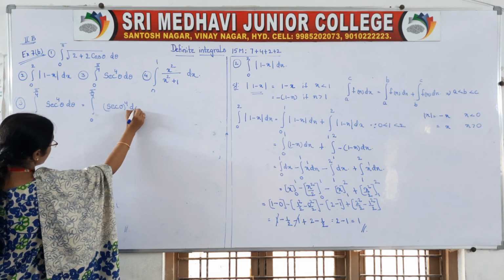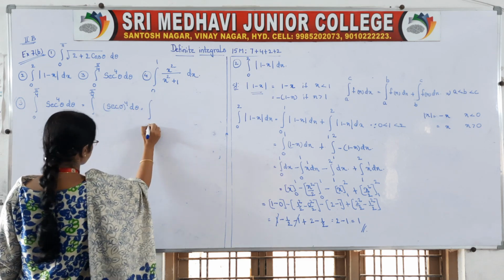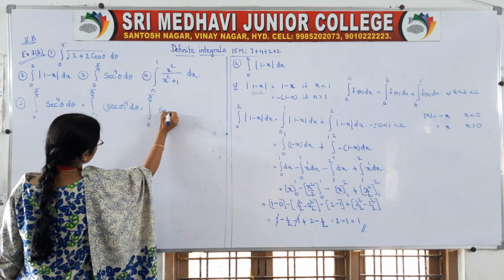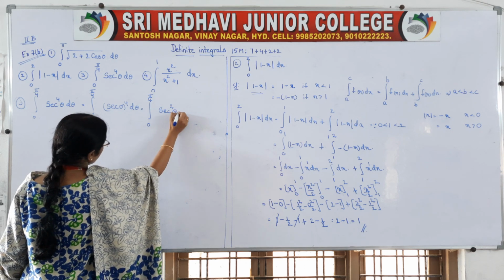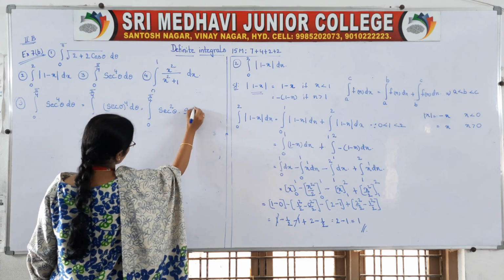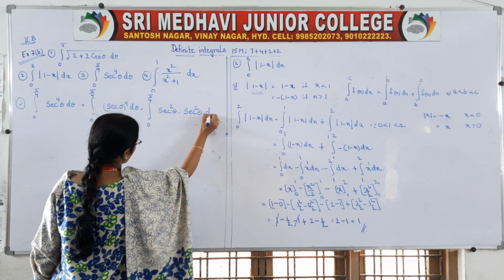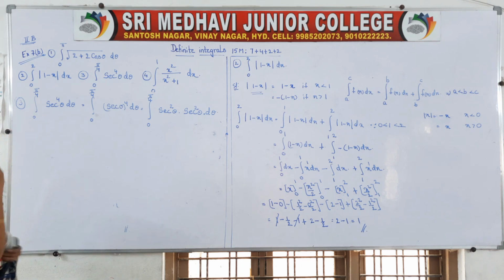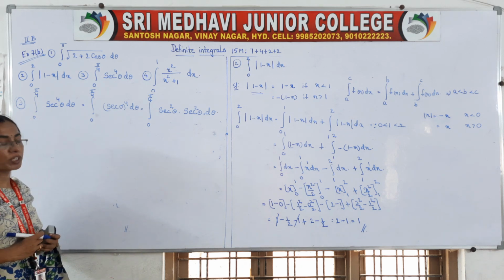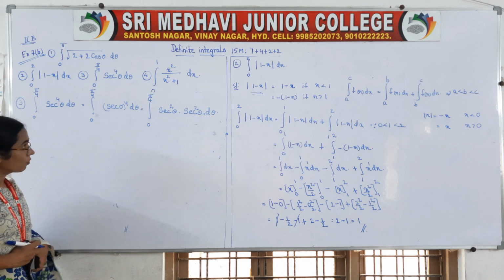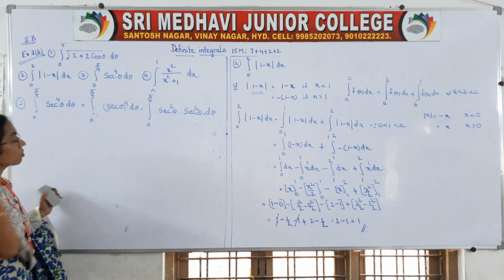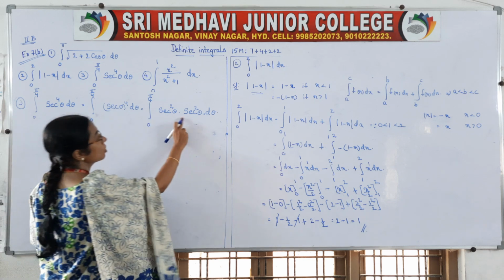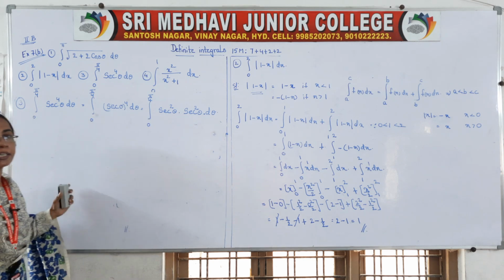And again we can write this as integral 0 to pi by 4 secant square theta into secant square theta. Why are we writing like this? There is no direct formula for secant to the power of 4 theta. So we have to take secant square theta into secant square theta d theta.